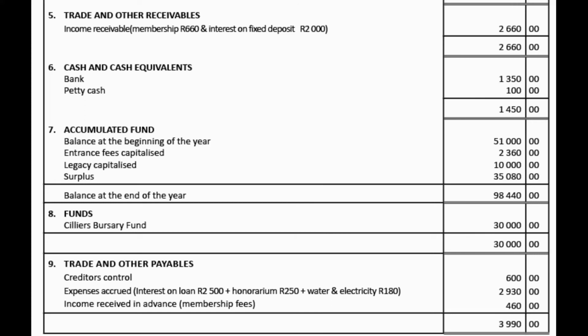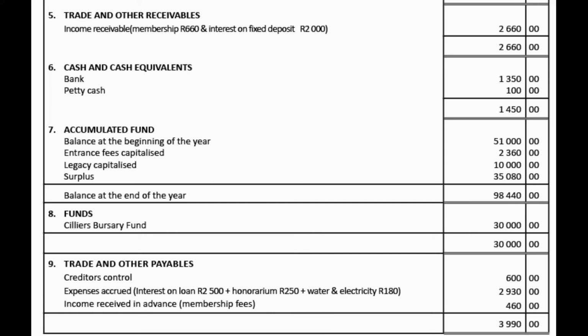If you look at your accrued income account, which you were supposed to open, you will see on the debit side there is interest on fixed deposit 2,000 and membership fees 660. If you add those two, you get the amount of 2,660. Those are the two adjustments.